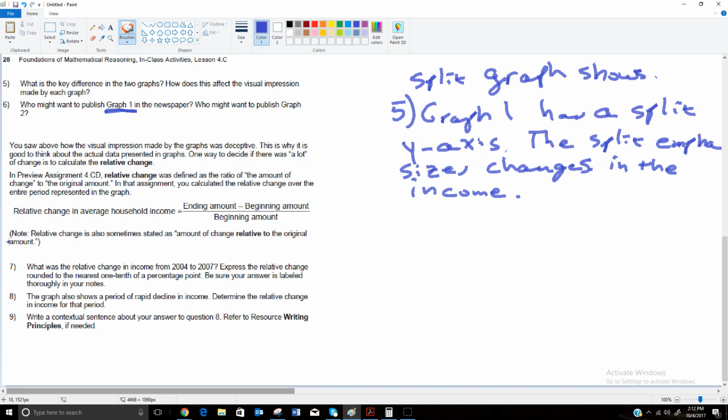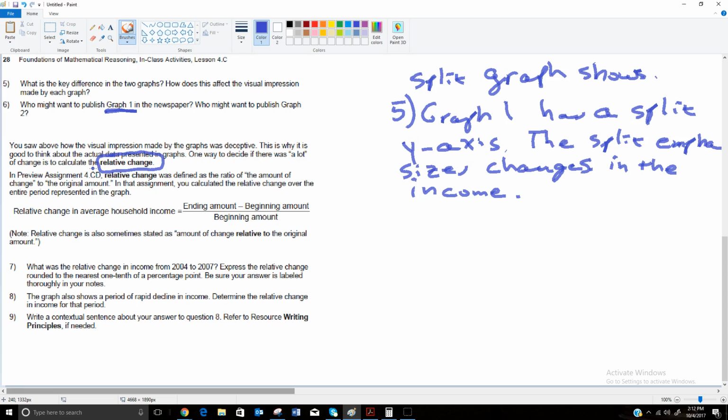Okay, so now what our materials say here is, you saw above how the visual impression made by the graphs was deceptive. This is why it is good to think about the actual data presented in graphs. One way to decide if there is a lot of change is to calculate the relative change. This is something that's going to come back, and we're going to use this relative change a lot over the next few units.